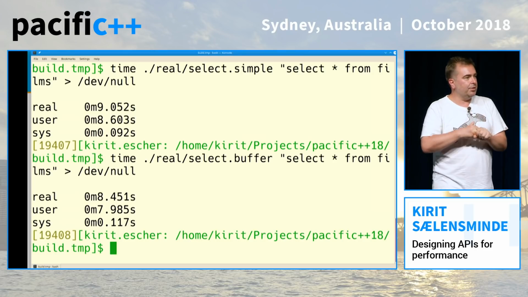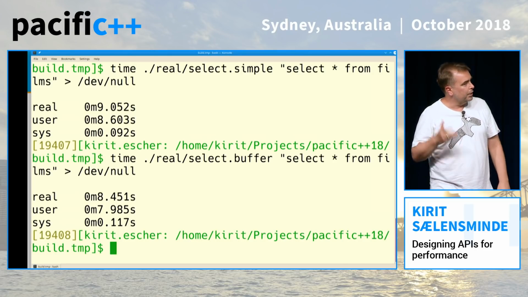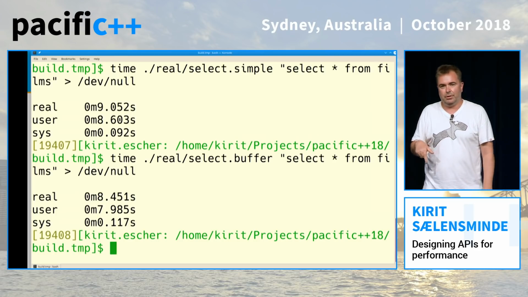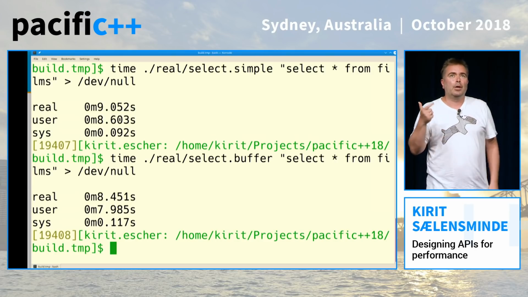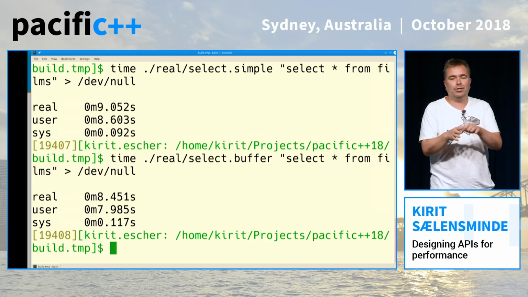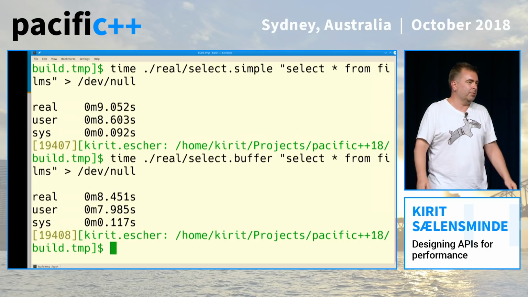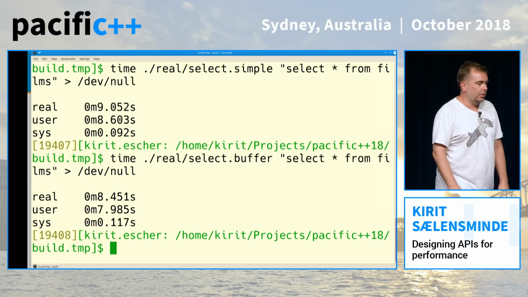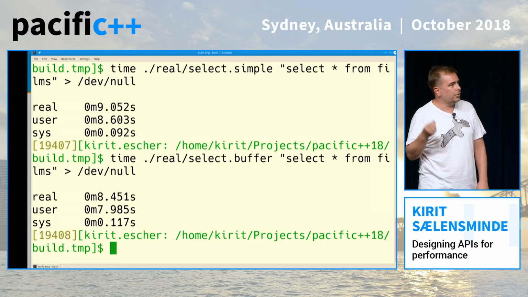The best that it can do is bring it down to 9 seconds. The extra half a second that we get is the stuff that the standard library cannot do, because it has to operate within the confines of the API that it's been provided. So if you want to get the extra performance, you need to change the API.